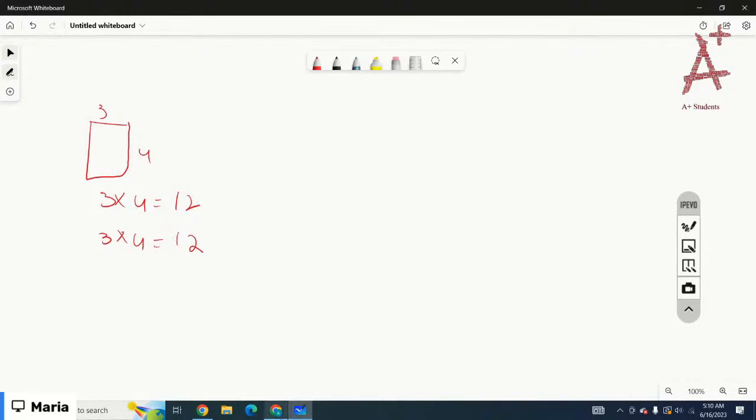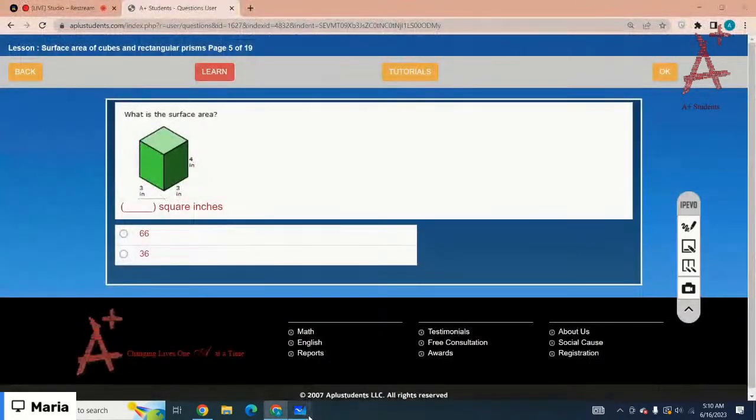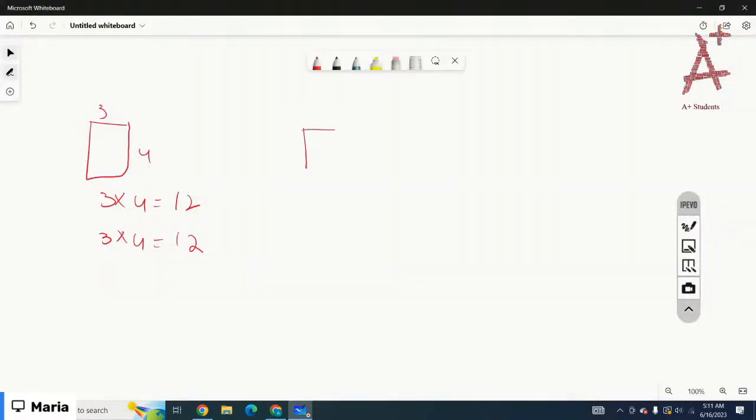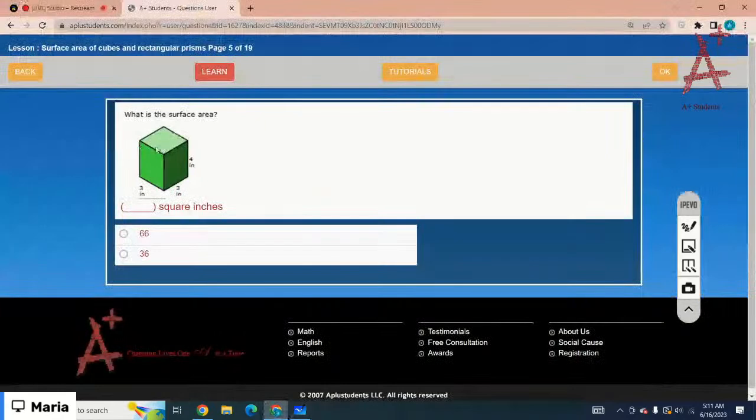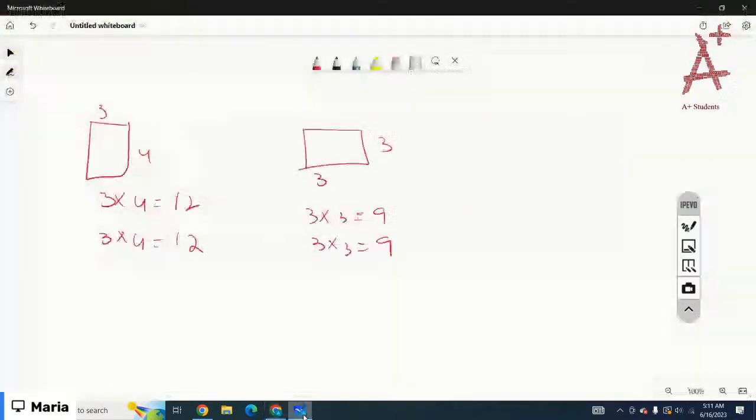Got it? Okay, now you have 3 and 3. The other one is 3 and 3. So it would be 3 times 3 is 9 and 3 times 3 is 9. Another pair has the same measurements, 3 and 4.